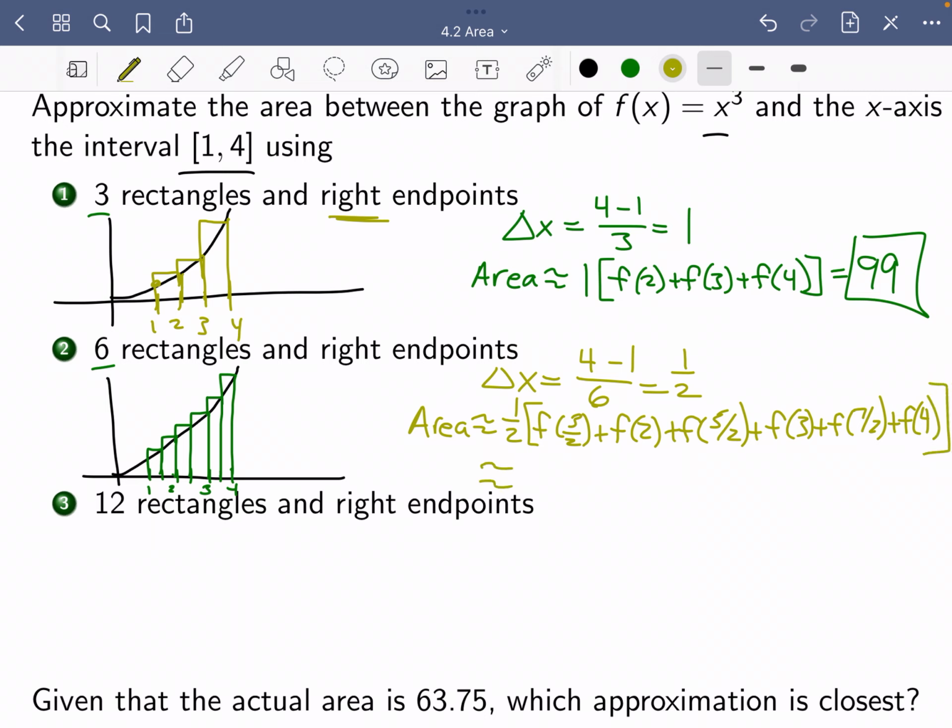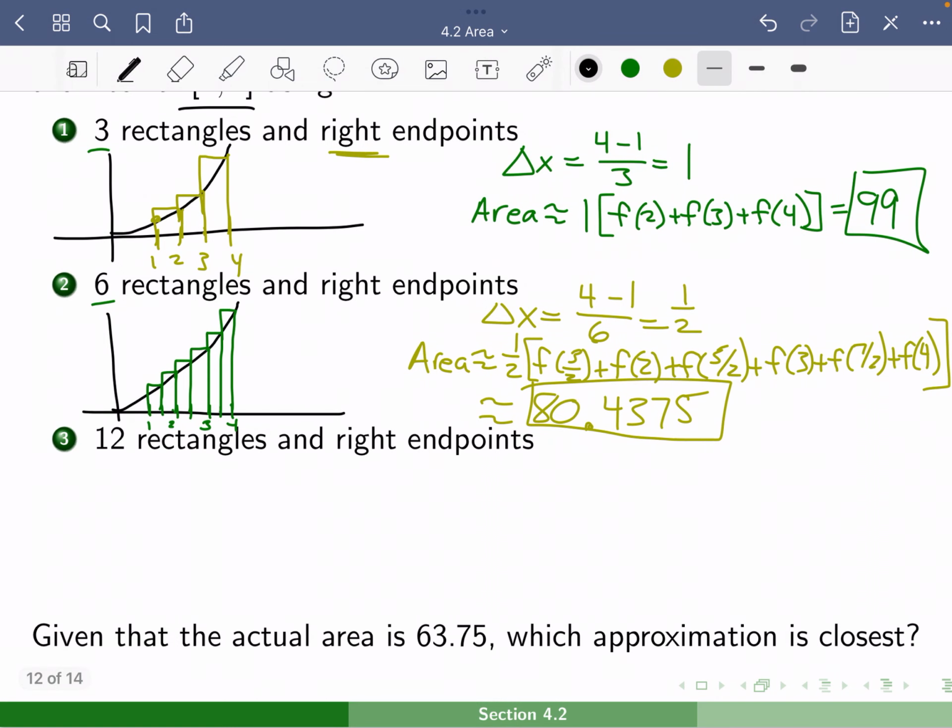And if we evaluate those and multiply, we will get something like 80.4375. So that is our second one.